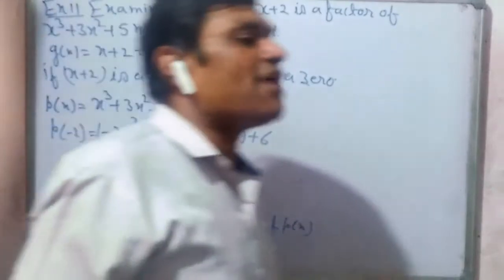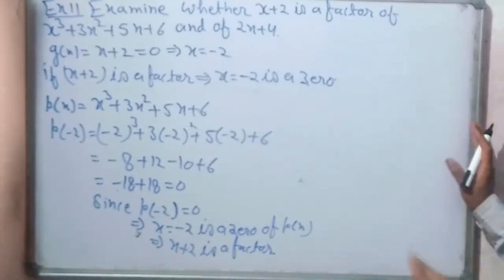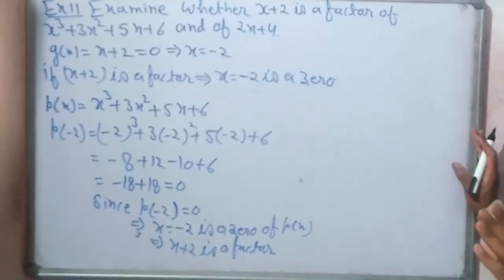It has come as a factor because its 0 is also a 0 of px. The 0 of x plus 2 is also a 0 of px.